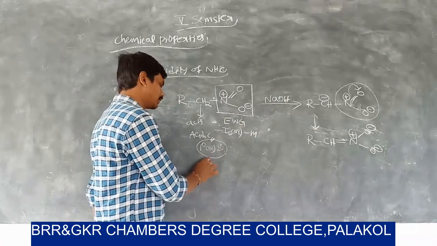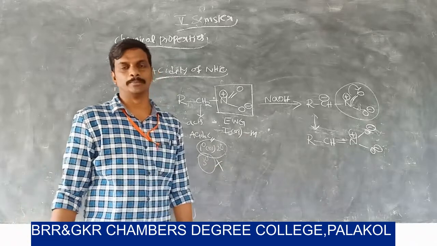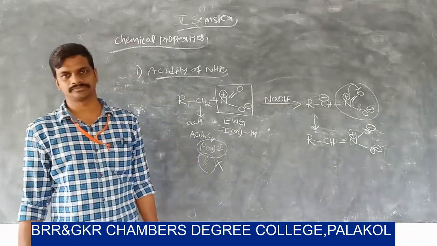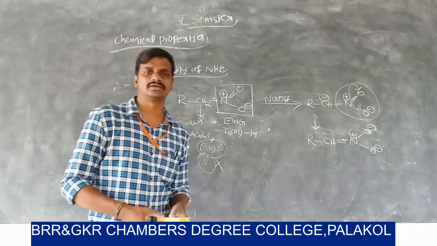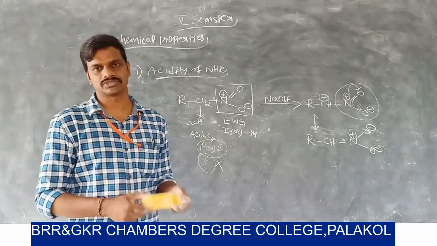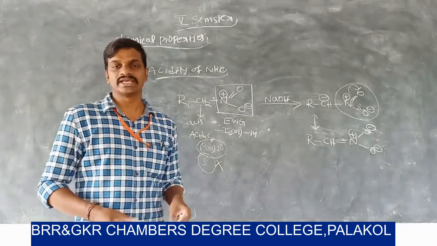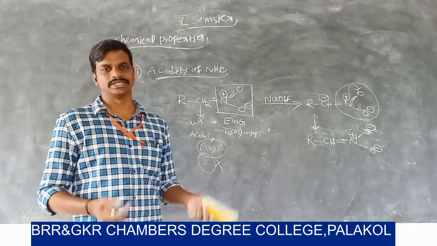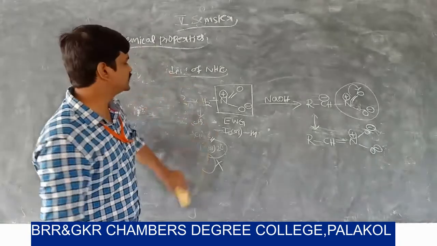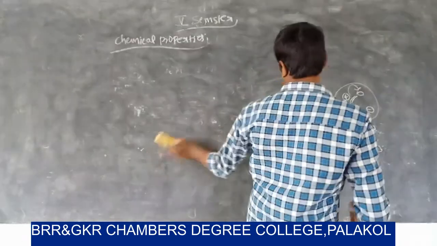Tertiary nitrohydrocarbons do not form salts with basic medium. Why? Because tertiary nitrohydrocarbons do not have an alpha hydrogen atom. So due to the lack of alpha hydrogen atoms, tertiary nitrohydrocarbons do not show acidity. So this is about the acidity of aliphatic nitrohydrocarbons.